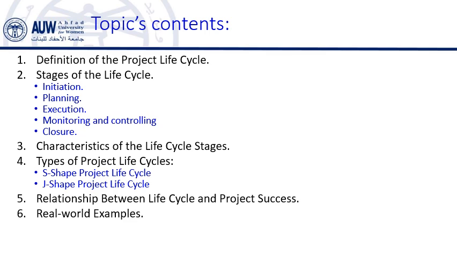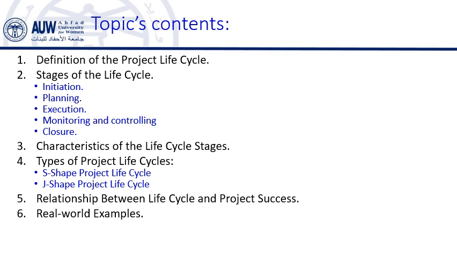The stages of the project life cycle: we will explain the 4 stages in detail, discussing their importance in ensuring projects stay on track and meet goals. First stage, initiation, setting clear objectives and identifying key stakeholders.